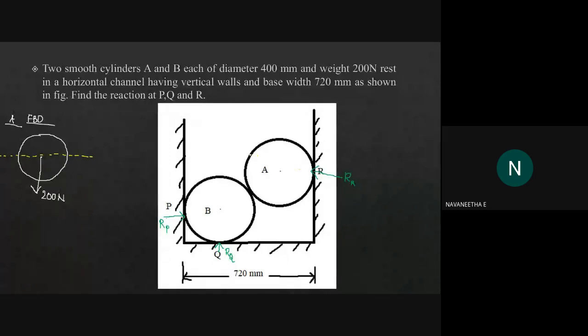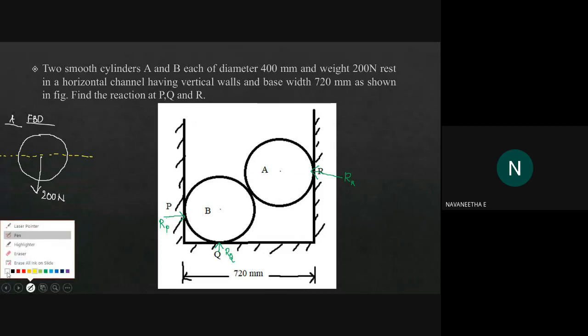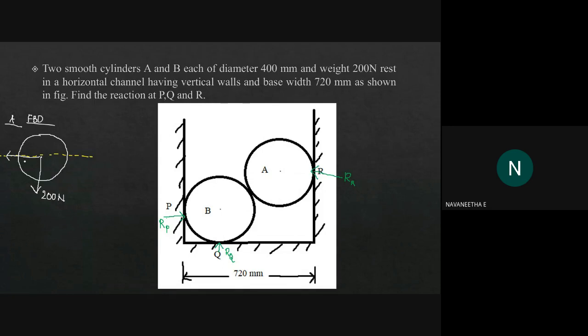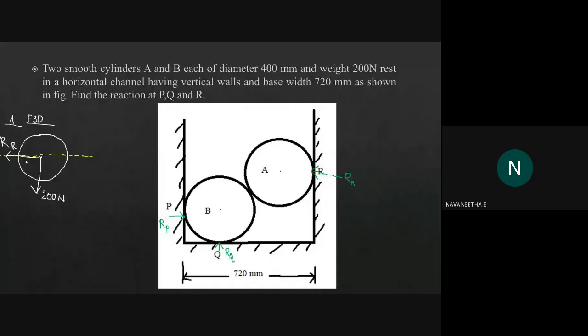So I can draw the force RR like this, acting leftward along the x-axis. Is it correct or not? So leftward direction in the x-axis, RR.